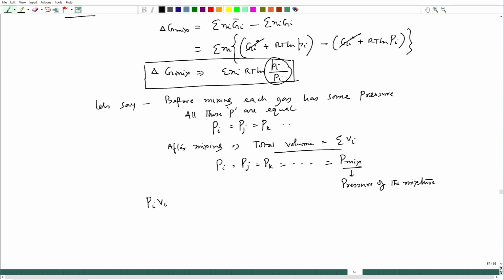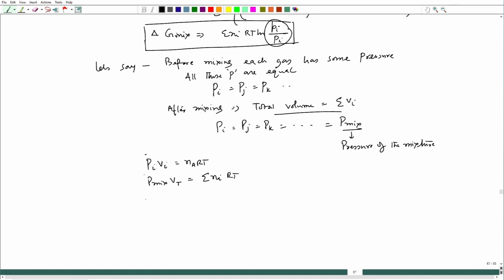So, now I can write Pi Vi before mixing equal to Ni RT, and P mix V total should be equal to summation Ni RT. I can write that. So, remember this P is basically every time a capital P. Now, I can also write small pi Vt should be equal to Ni RT.